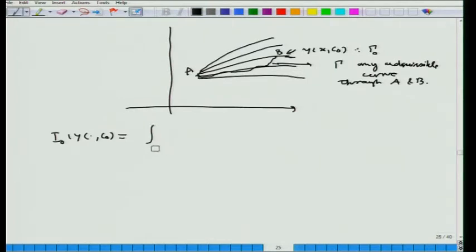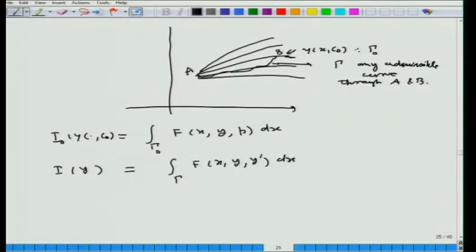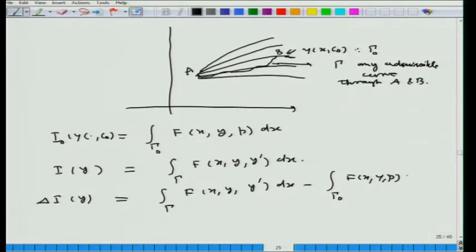So, we will write that as the integral over gamma 0 of f(x, y, p) dx, where y prime is p, and I(y) for any other admissible curve y is the integral of f(x, y, y') dx. Then we consider this delta I(y), which is the difference of these two: the integral over gamma of f(x, y, y') dx minus the integral over gamma 0 of f(x, y, p) dx.